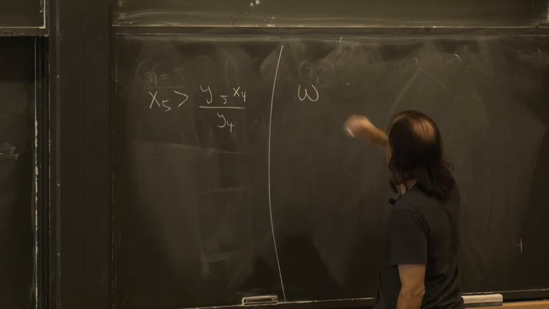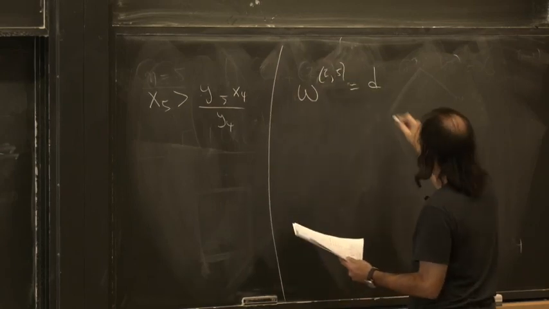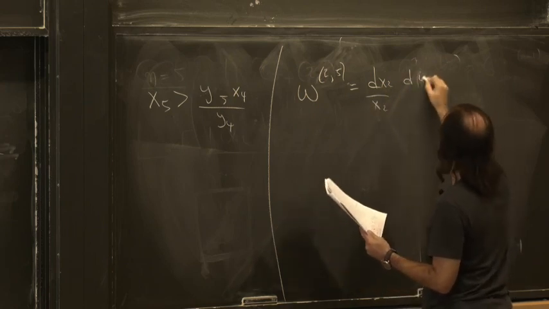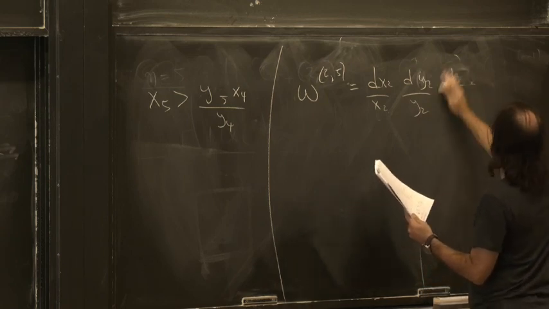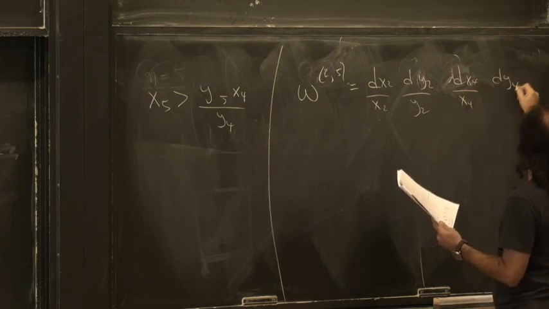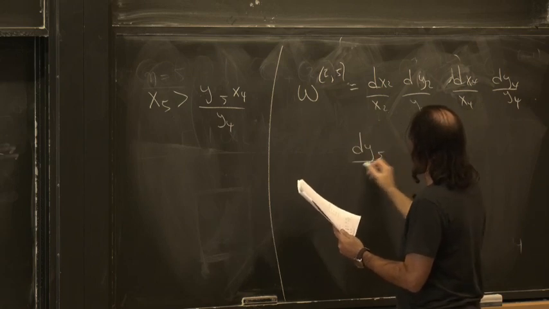Again, so naively, the canonical form here would be dx2 over x2, dy2 over y2, dx4 over x4, dy4 over y4, and then dy5 over y5.